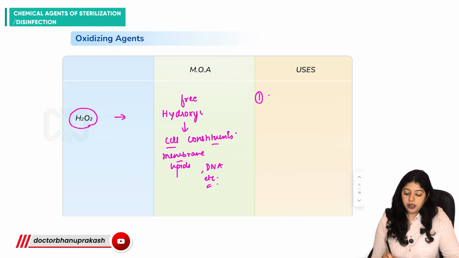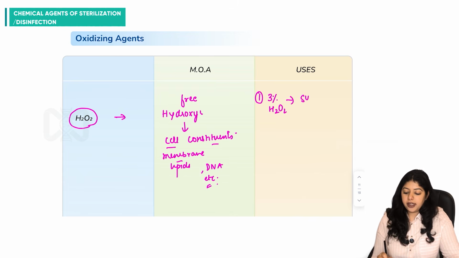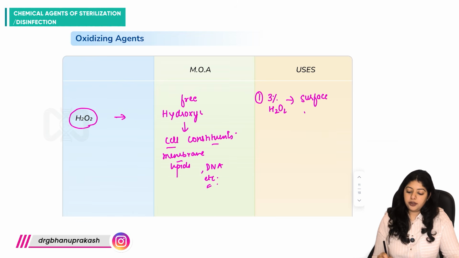So when we talk about, say, 3% H2O2, it can be used as a surface disinfectant.